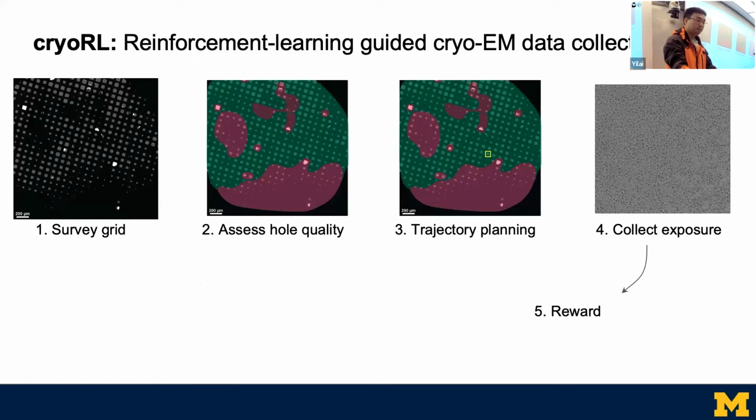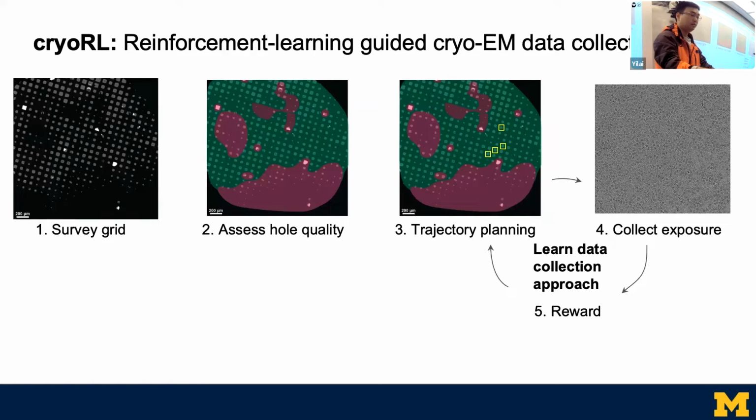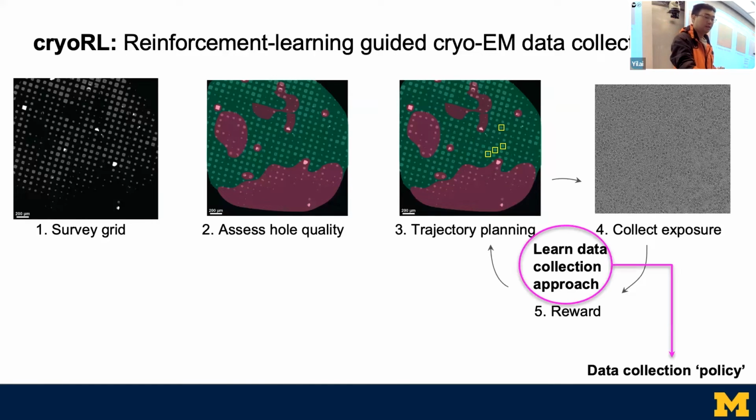Then if you are doing something right, you get a reward, and then you learn your policy of trajectory planning. So this is the training process where you learn the optimal data collection approach on this grid, which is also called the learned data collection policy.